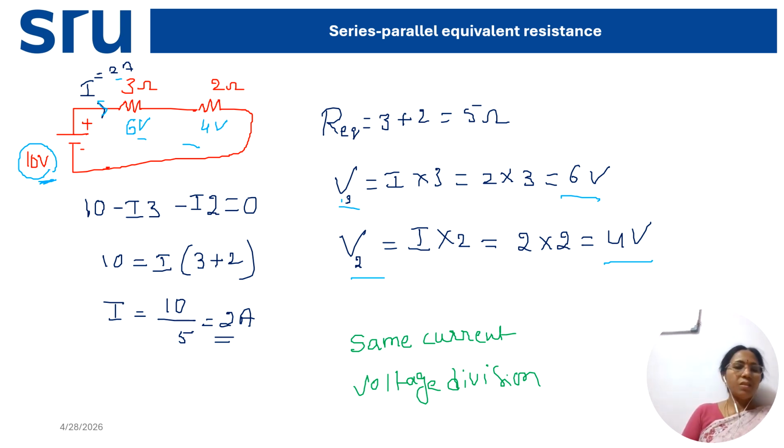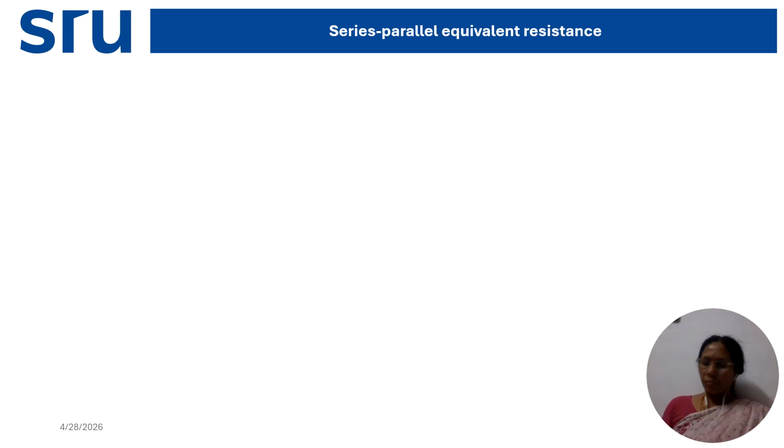Now we will see the parallel circuit, how to connect elements in parallel. Here we will make a parallel circuit with one voltage source and two resistances. I am taking one voltage source, one resistance R1 and a second resistance R2.